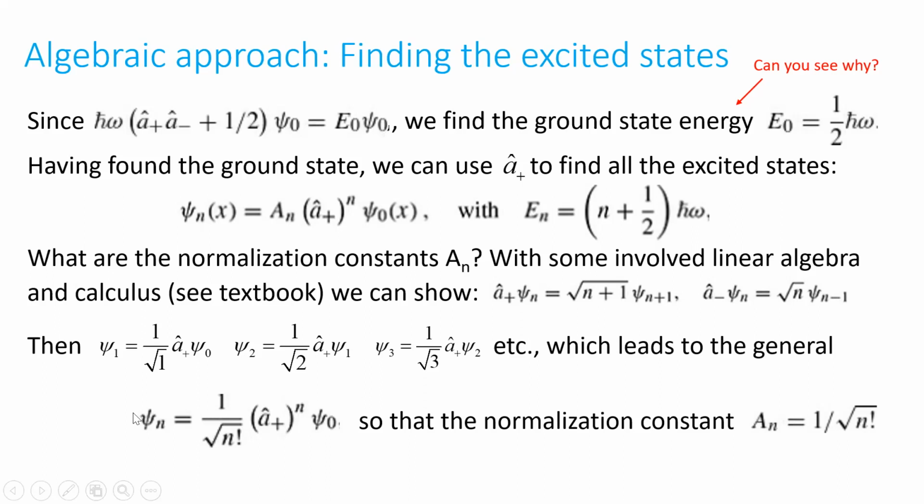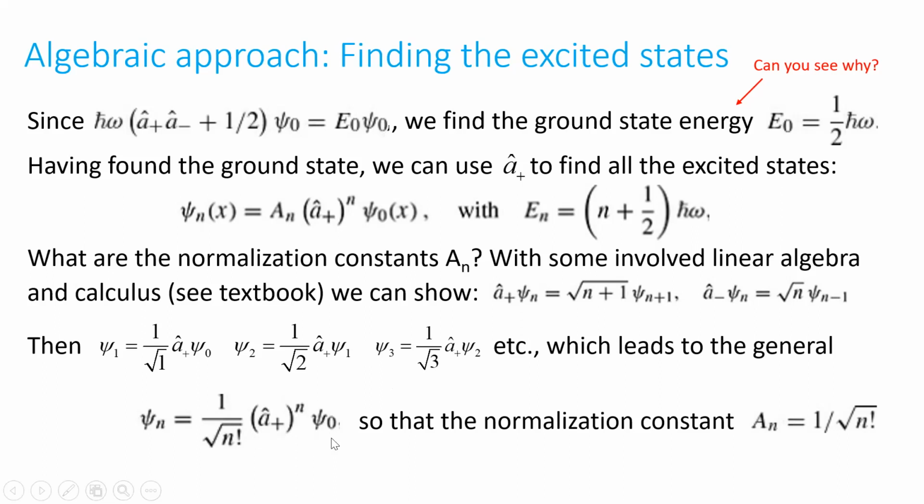So this leads to the general formula, which is that psi n would be 1 over the square root of n factorial. Remember, n factorial is n times n minus 1 times n minus 2 down to 1. So for psi 3, 3 factorial would be 3 times 2 times 1, times the raising operator to the nth power times psi 0.